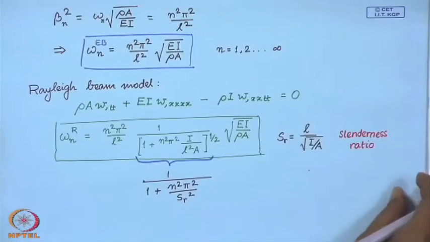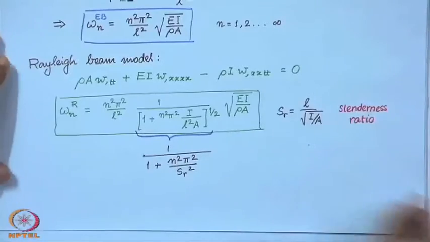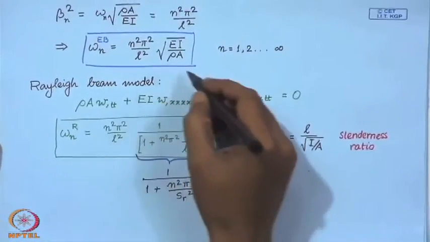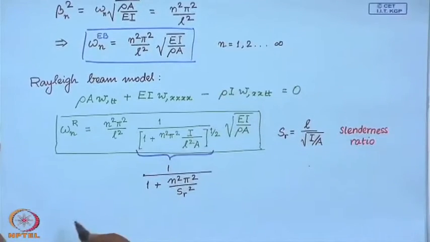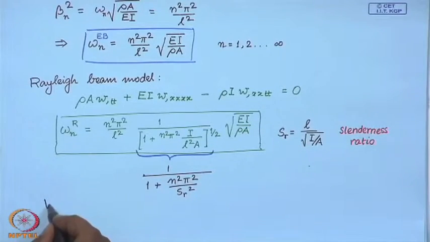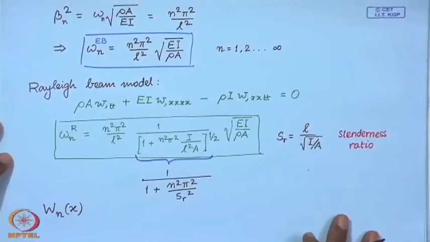Now, which means the rotary inertia term is effective for higher modes. Now, to understand this, let us see what happens in the higher modes after we look at the eigen functions. Now, if you look at the eigen functions, if you do the analysis for the Euler-Bernoulli or Rayleigh beams, then the eigen functions are obtained.